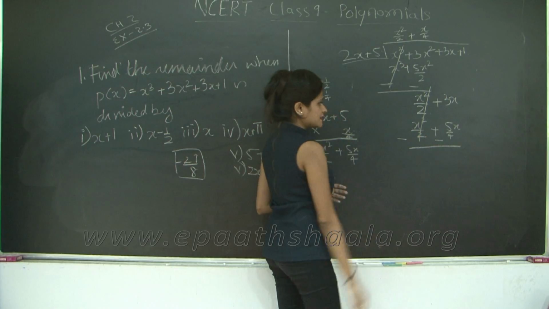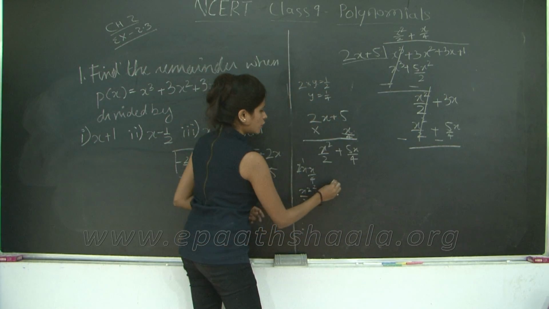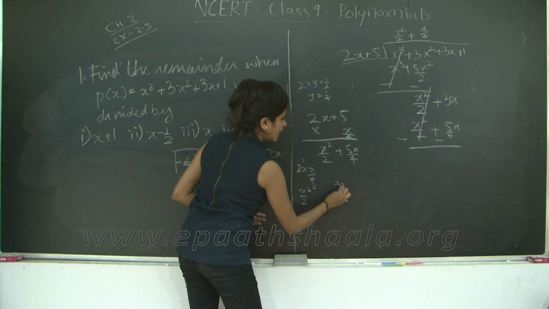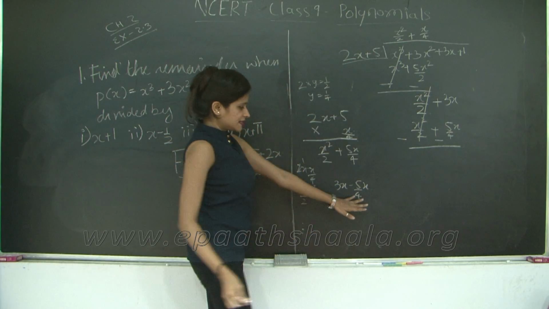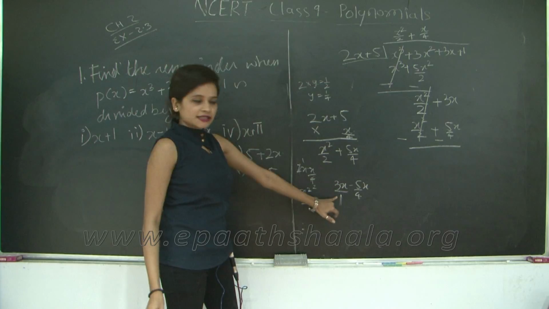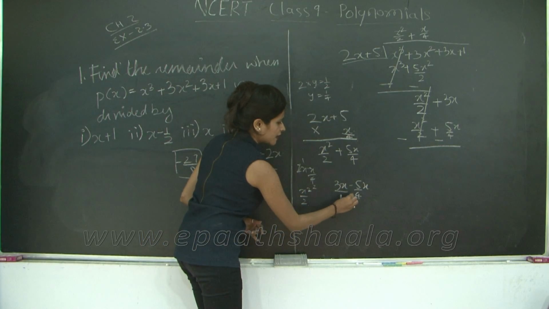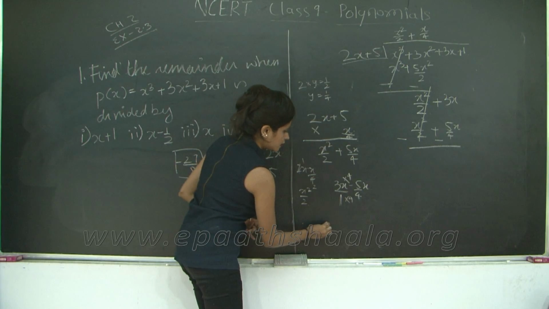Subtract, these two terms cancel out. Now you are left with 3x minus 5x upon 4, so 3x minus 5 upon 4x. The LCM in this case is 4. Why? Because 3x is nothing but 3x upon 1. I am going to multiply this by 4 as well as this by 4, to make the denominator common.